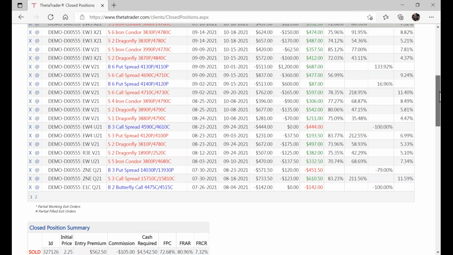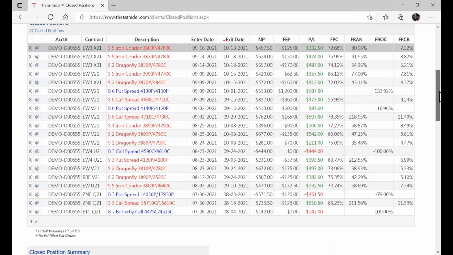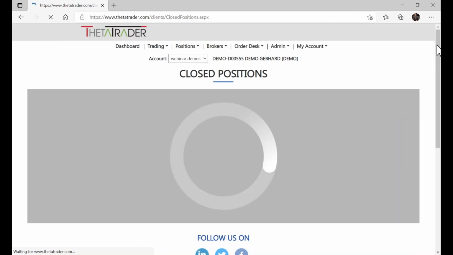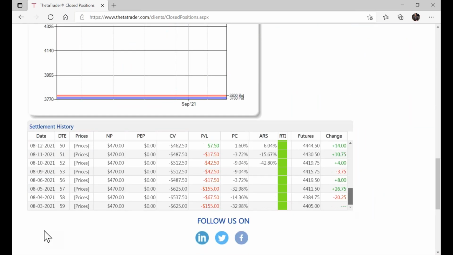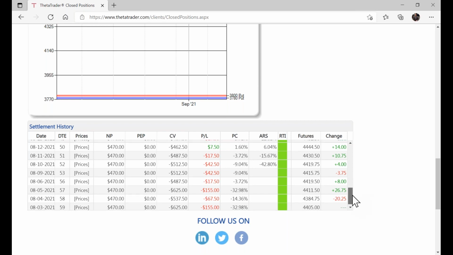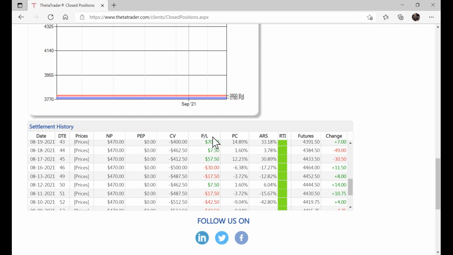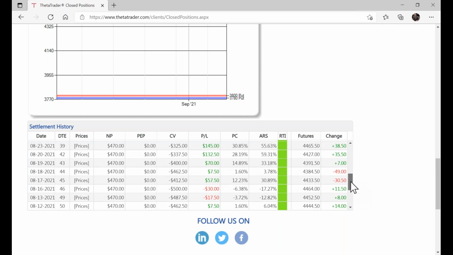And if you want to look back at any of the history of any particular trade, I'll just click on this one right here. It was a condor trade, and this is what it looked like. You can see on August 3, it was placed. It had 59 days till expiration. And then as theta decay started to work, the trade started becoming more and more profitable.